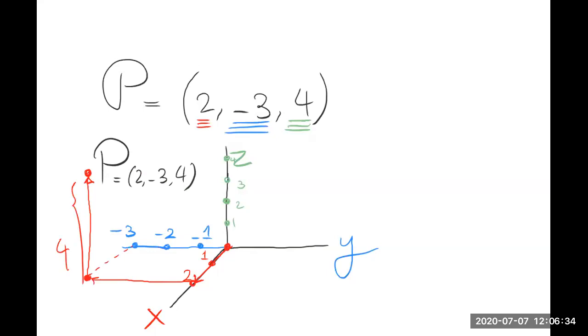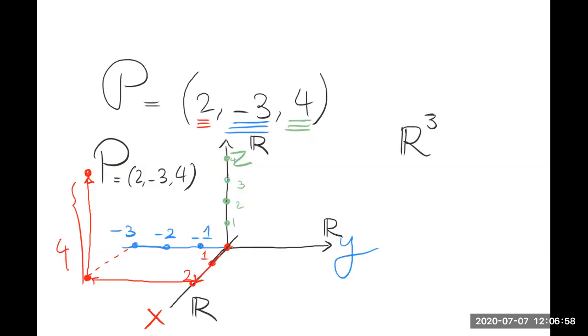And here I have R. The x-axis is a real line. It looks like R. It contains all the real numbers. The y-axis is a real line. I showed with R. The z-axis is a real line. So I have three versions of R. That's why I showed this space with R3. It's a three-dimensional space.